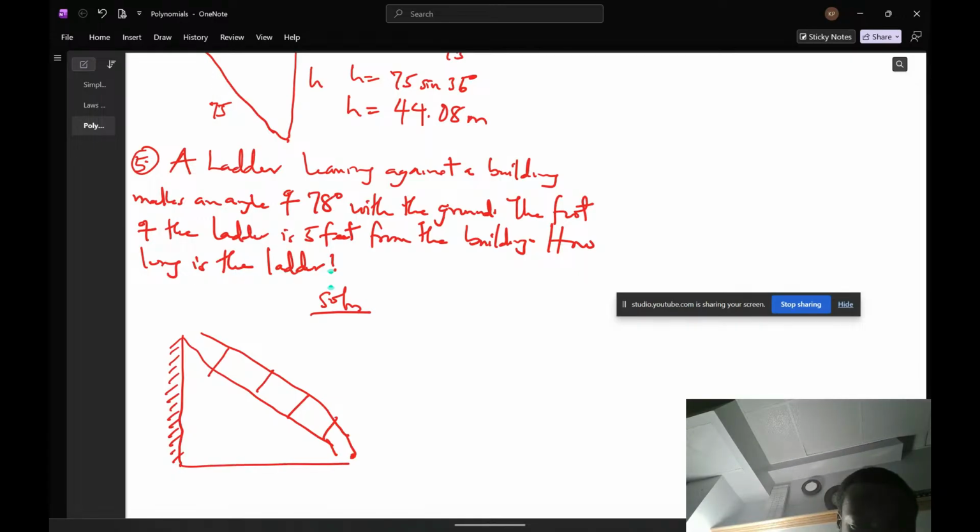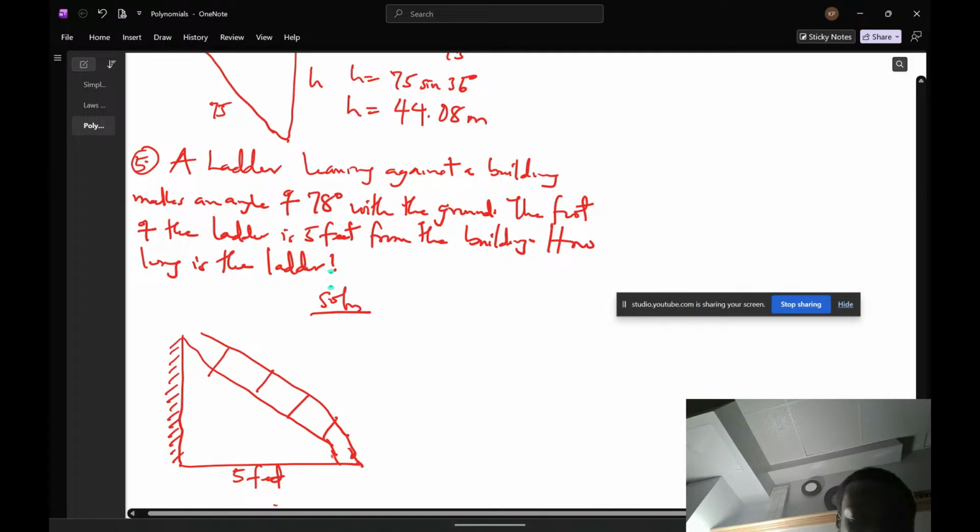Because this is the foot of the ladder and the distance between it and the building is 5 feet. And it says it makes an angle of 78 degrees with the ground. So this is 78 degrees.